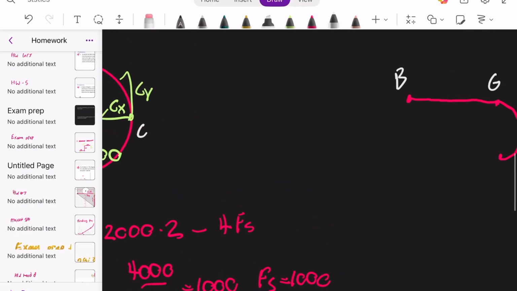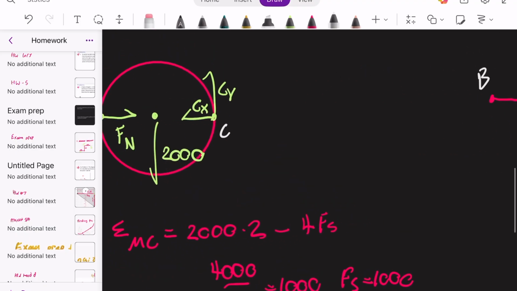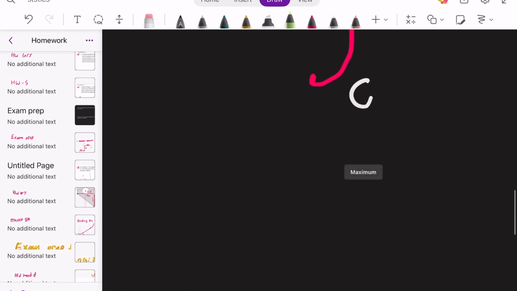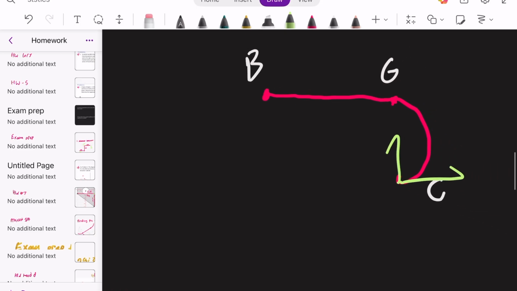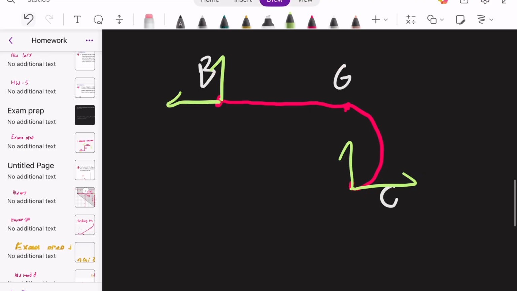Okay, we have one shared point. We have the point C. So let's draw in our forces there and make sure to reverse the direction so that we keep things conservative. And we're just going to assume the direction of B for now. So it's probably going to be like that. It's probably not going to be like that, because I got the direction of C wrong.